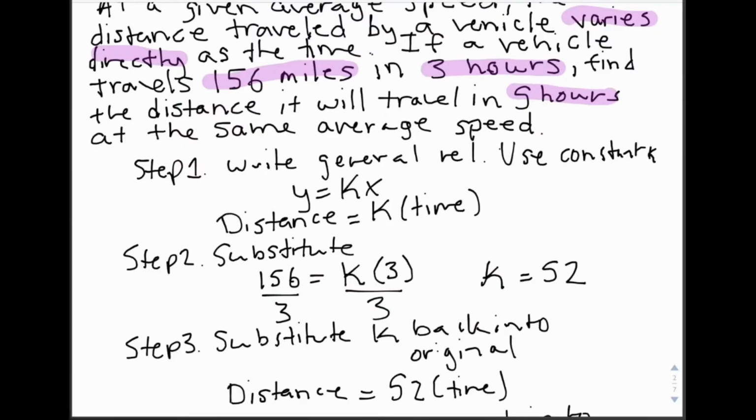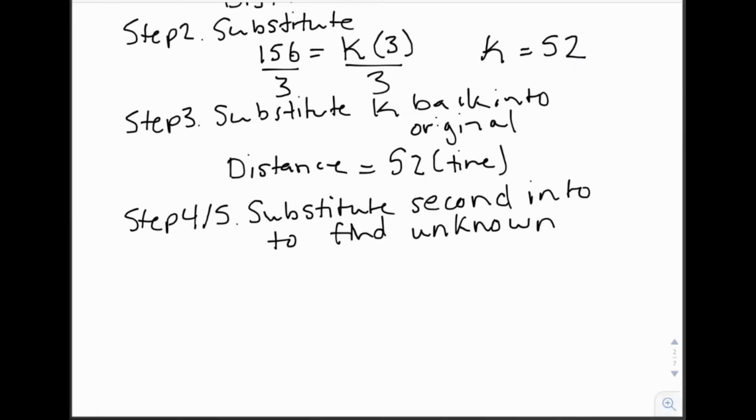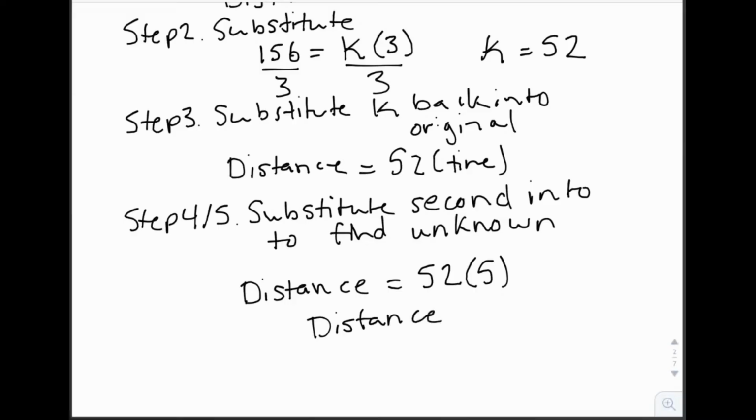So since we are given 5 hours, or our time, we can just plug that back into our general formula to find our distance here. So distance is going to be equal to 52 times our second piece of info, which was given to us, 5. So our final distance here is going to be equal to 260 miles.